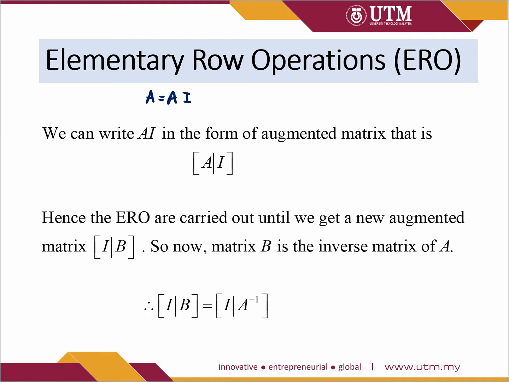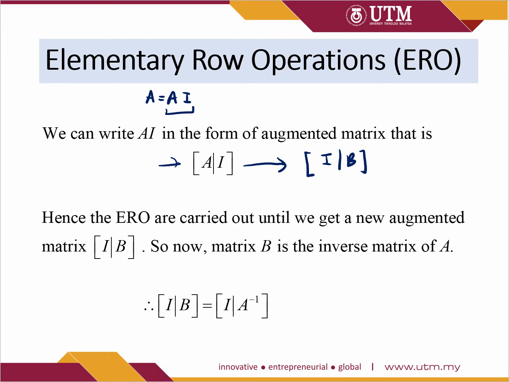So we can write our AI in the form of an augmented matrix, that is in terms like this. The elementary row operations will be carried out until we get a new augmented matrix in terms of I, B matrix.